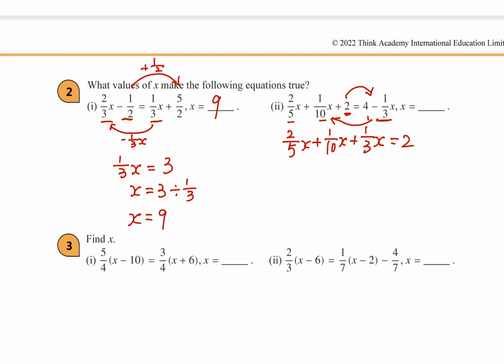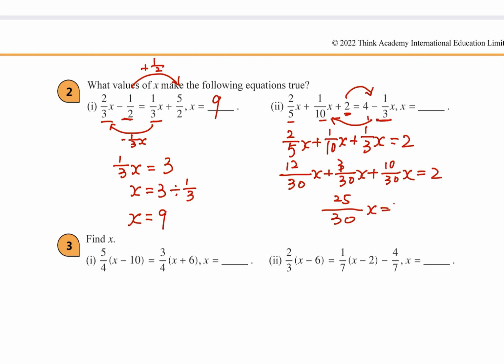So we can find a common denominator of them, which is going to be 30. So we can do 12/30x plus 3/30x plus 10/30x is equal to 2. And then for the 30, put it in the denominator, and for the numerator, I've got 25.